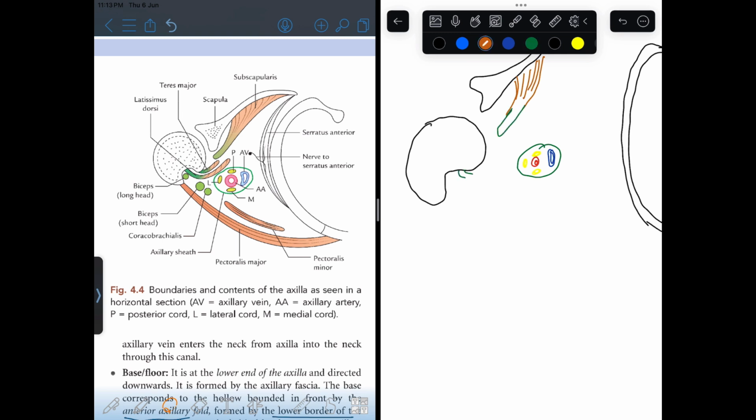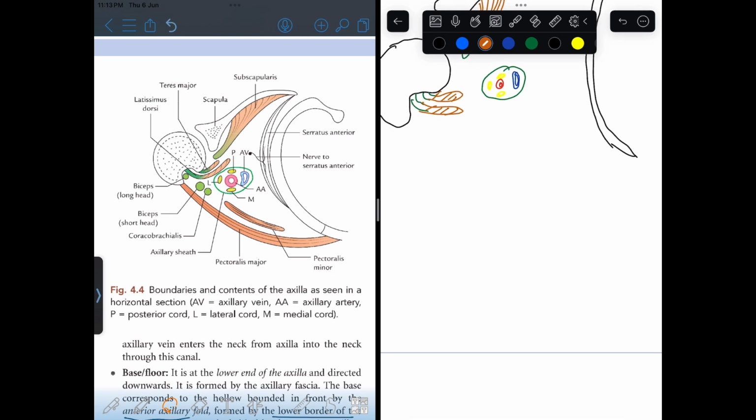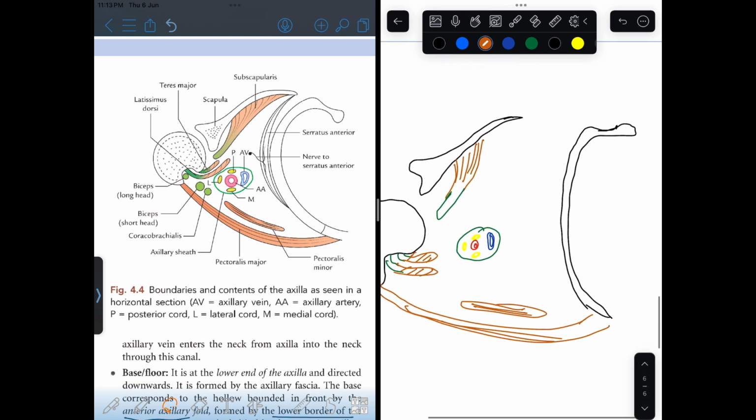Then we'll draw the teres major and the latissimus dorsi muscles. Then we'll draw the pectoralis major muscle, and beneath it will be the pectoralis minor muscle.